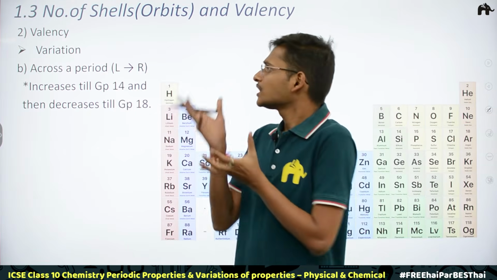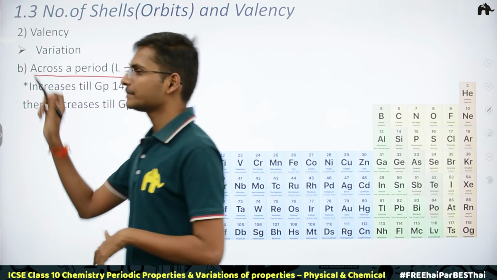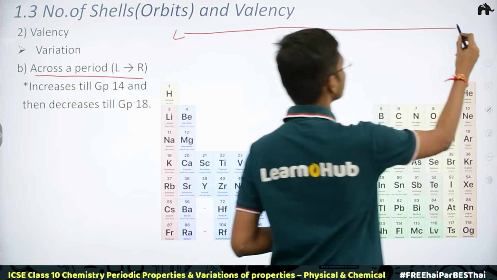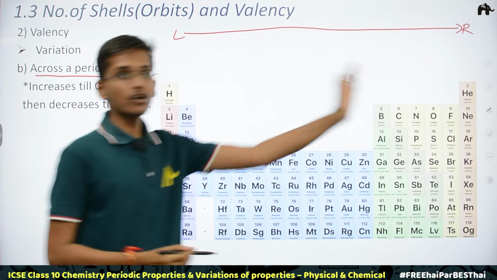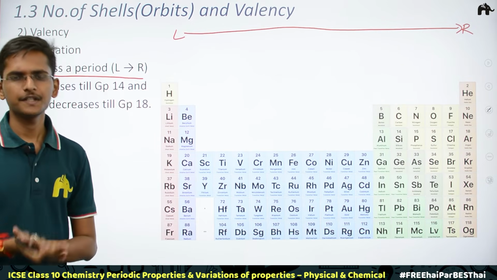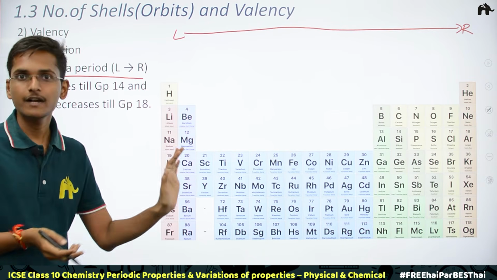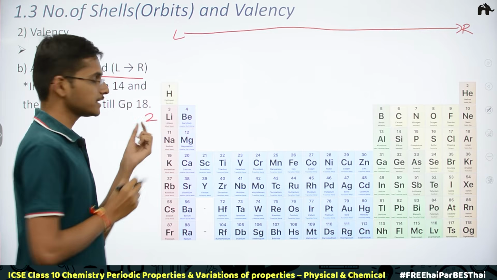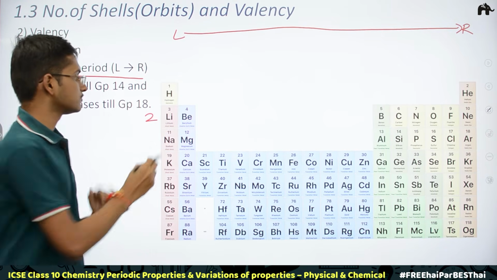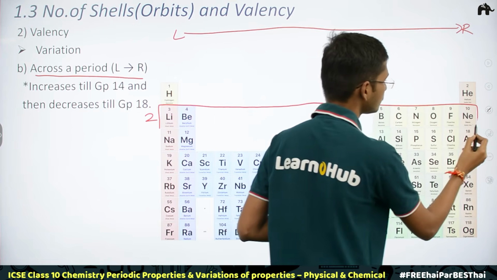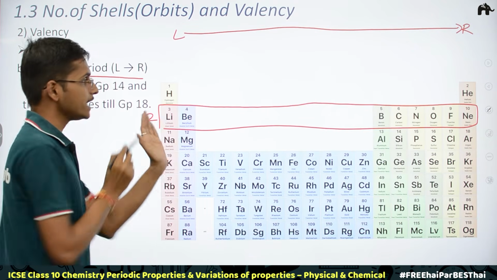Now let's see the variation of valency across the period, which means from left to right, how valency varies. Let's take an example and you would automatically understand. We are taking the period number 2 elements and moving across from left to right.